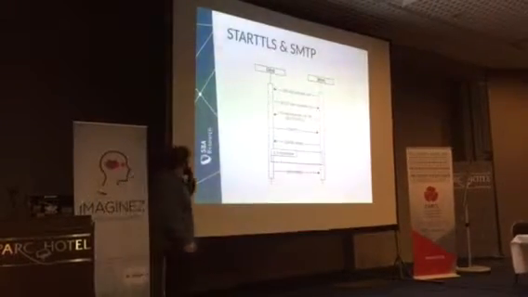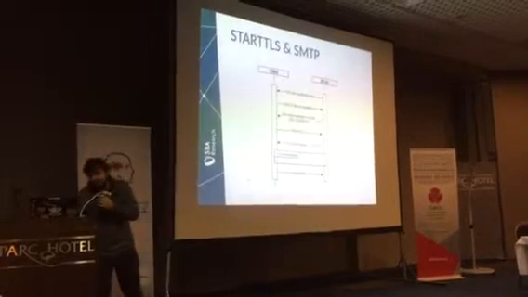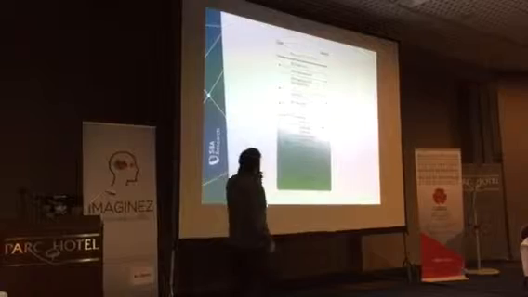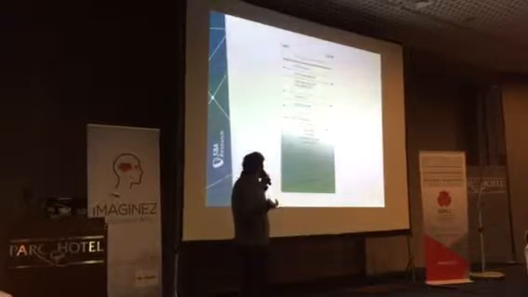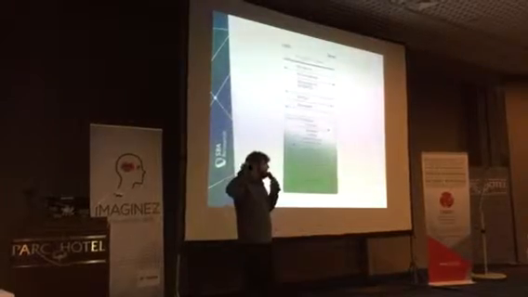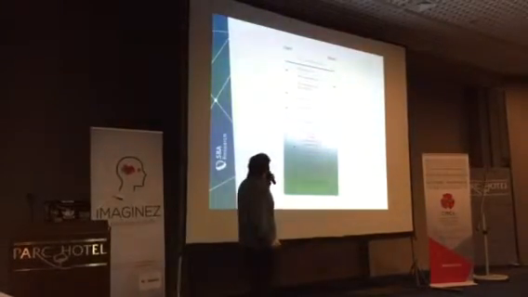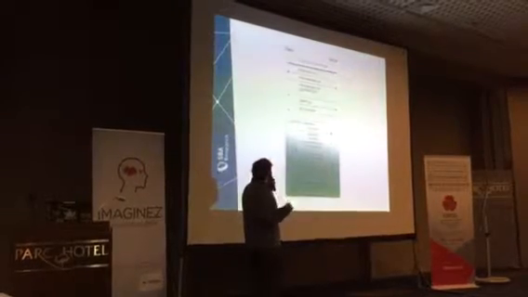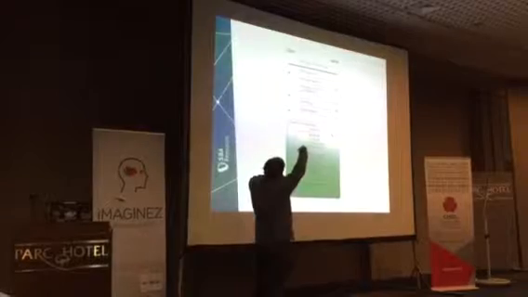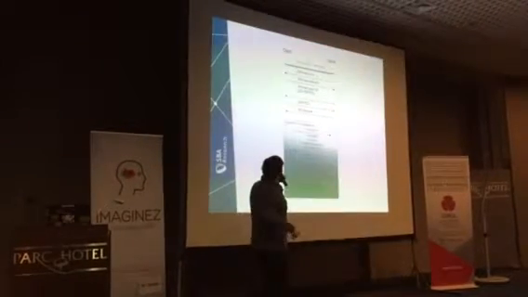This is how STARTTLS and SMTP look, and that's more detailed. So basically you do a TCP handshake, afterwards you get a message by the server that says, hey, I'm here, this is my domain. You send it a message saying, I want to start a connection, my email address is something at example.com.